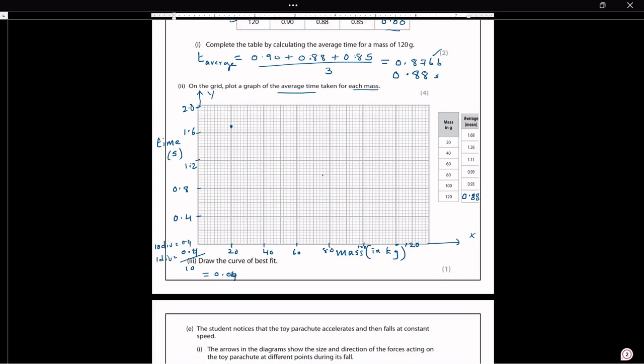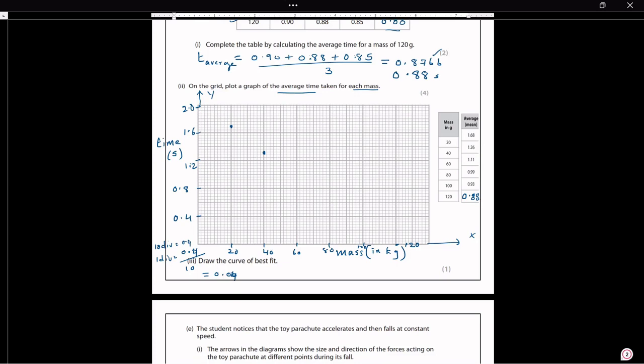Then for 40 it is 1.26. This is 40, 1.2 and 1.26. It will be somewhere here. The next one, 60, is 1.11.